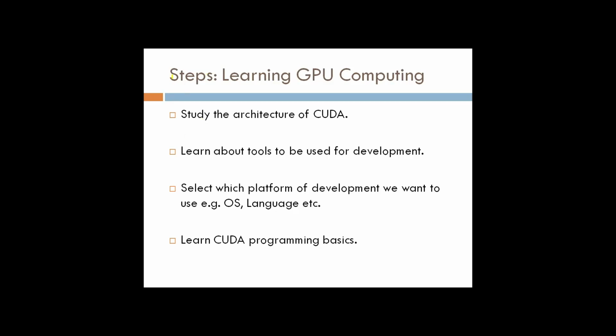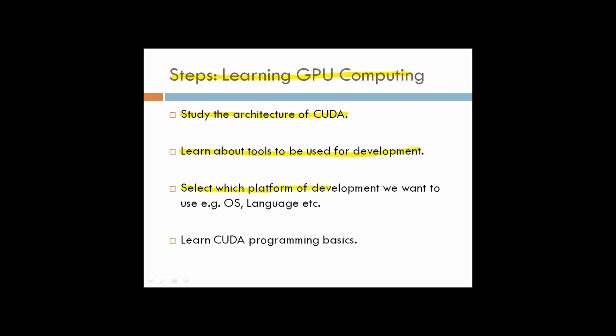So what are the steps for learning GPU computing? First of all, we should study the architecture of CUDA, that is, the Compute Unified Device Architecture. We should learn about the tools to be used for its development.